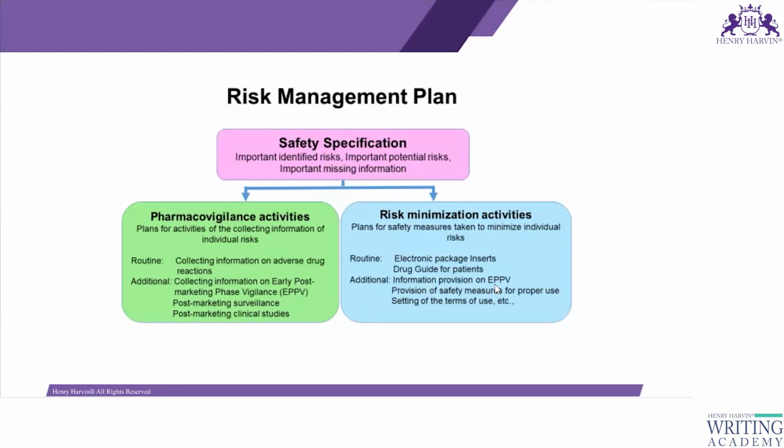Pharmacovigilance activities, as we have already discussed, are a plan for collecting information related to individual risks, and they are also divided into routine and additional pharmacovigilance activities. Routine activities are collecting information on adverse drug reactions, and additional activities include early post-marketing phase vigilance (EPPV) and post-marketing surveillance or post-marketing clinical studies.